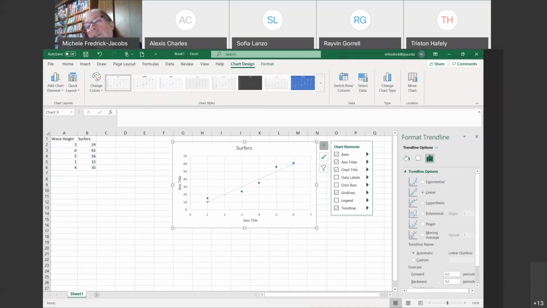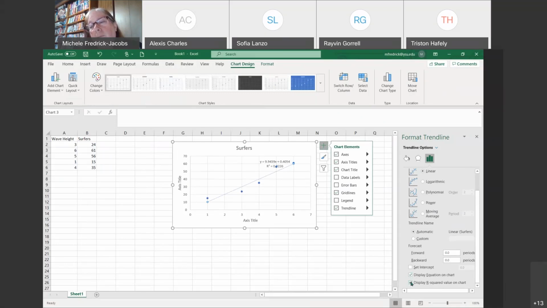Notice it says trend line options. We want linear. And then we go to the very bottom. Notice it says display equation and display R squared. You want to check both of those. And then the equation comes up.